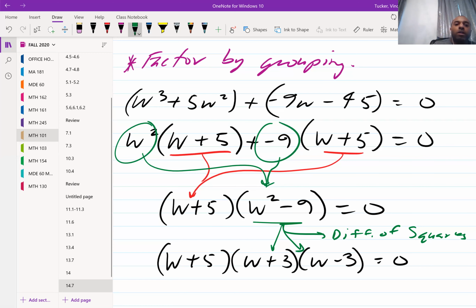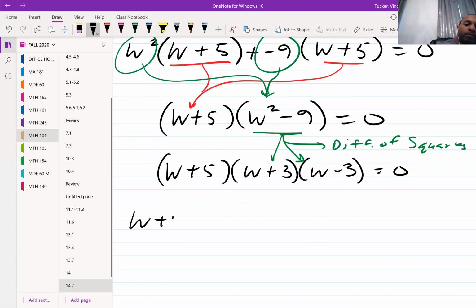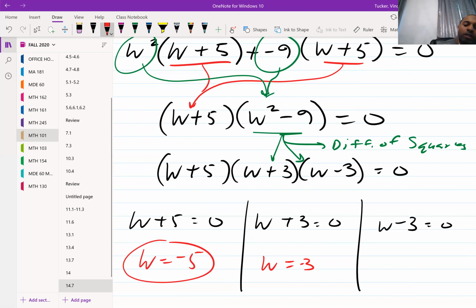All right. So we set each piece now equal to 0. And solutions would be negative 5, negative 3, and positive 3.